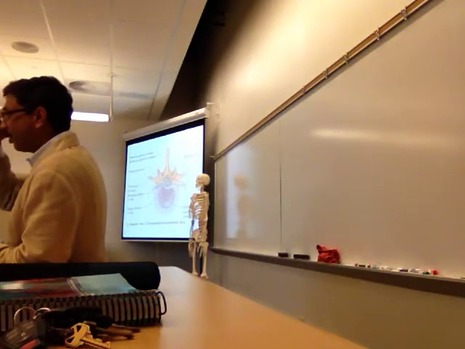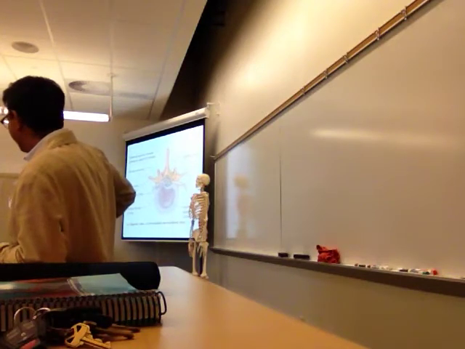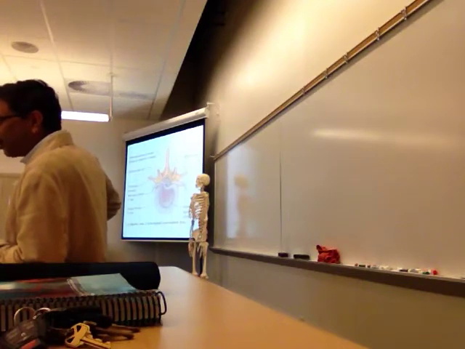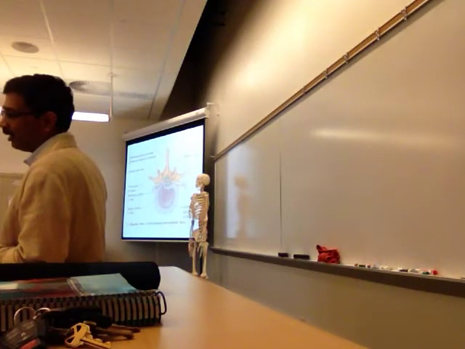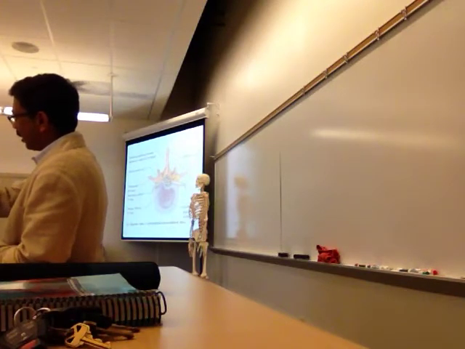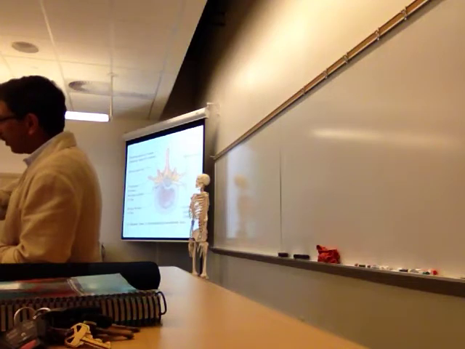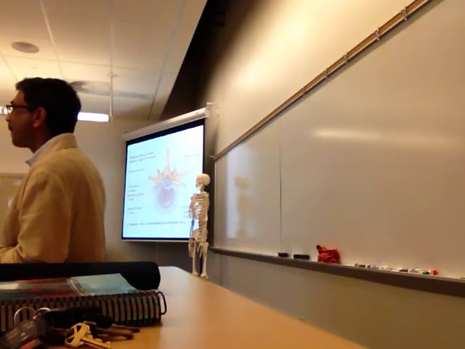If your eyeball pops out, that is herniated eyeball. If your intestine moves from its position to a different position, we say herniated intestine. So hernia is the movement of an organ, or part of the organ, from its normal position to an abnormal location.